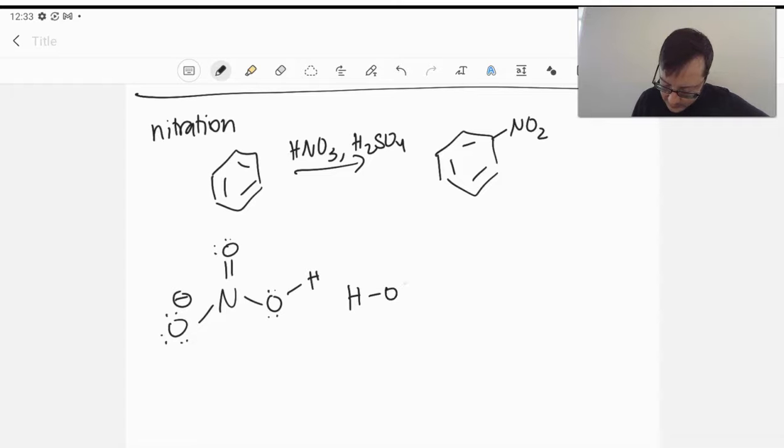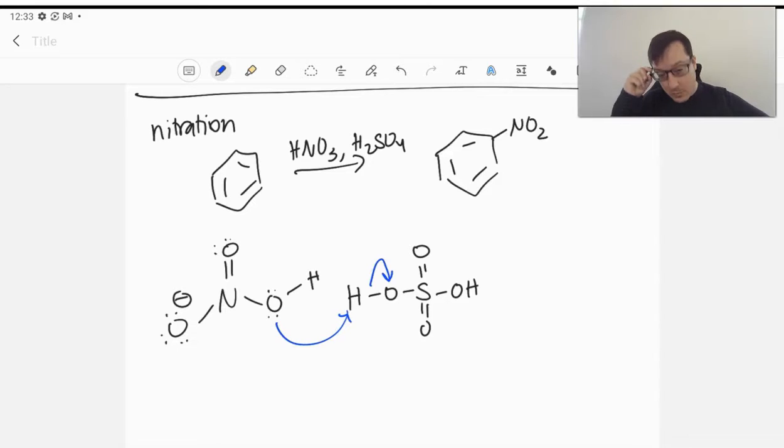So what's going to happen is the sulfuric acid will actually go ahead and protonate your nitric acid, which is a little bit weird, I understand, because nitric acid is already a strong acid, but sulfuric acid is able to protonate it.